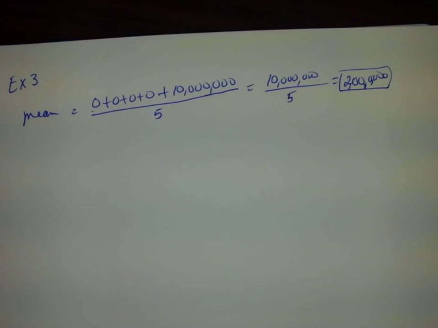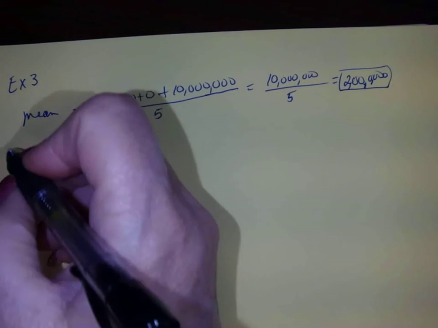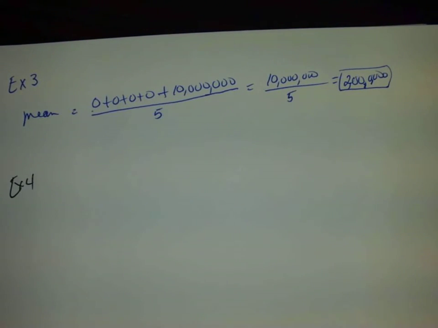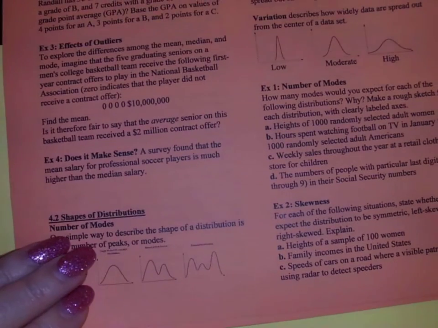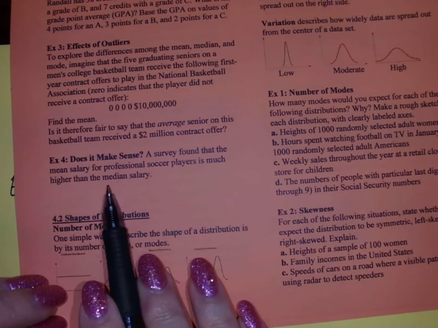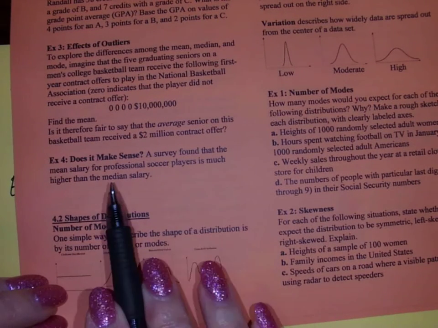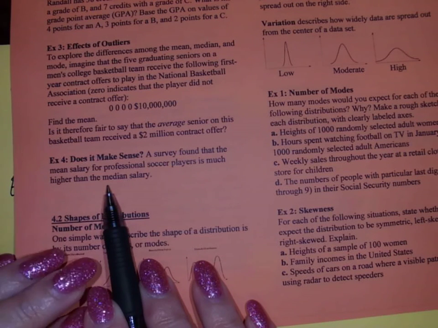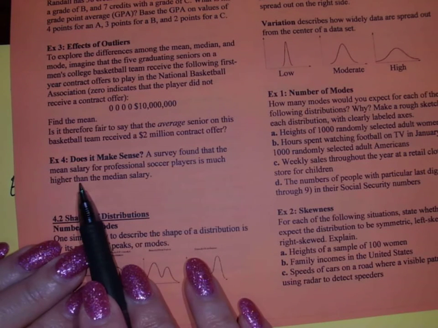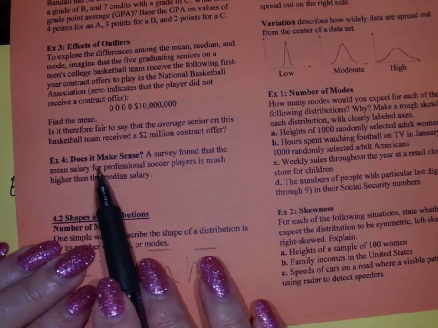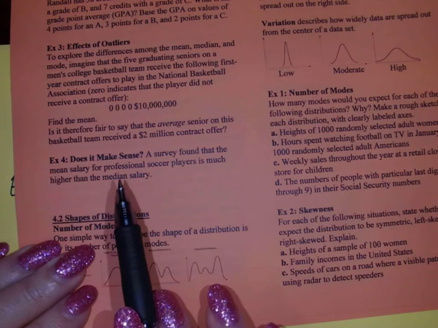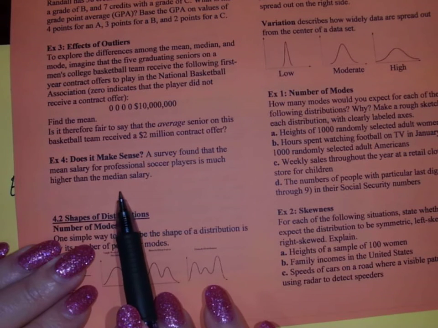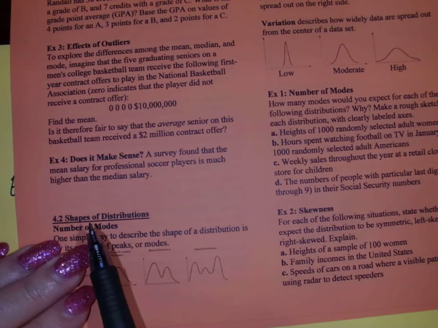Okay? All right. Example 4. We want to know, does it make sense? A survey found that the mean salary for professional soccer players is much higher than the median salary. Does that make sense? So the mean salary, which is the average salary, is much higher than the median salary, which would be the middle.